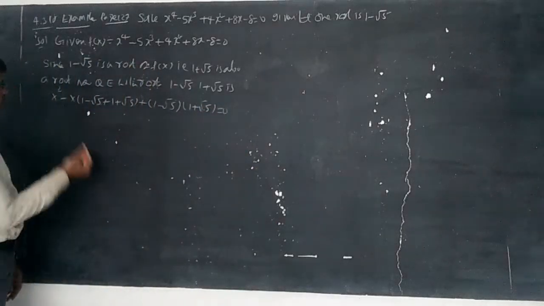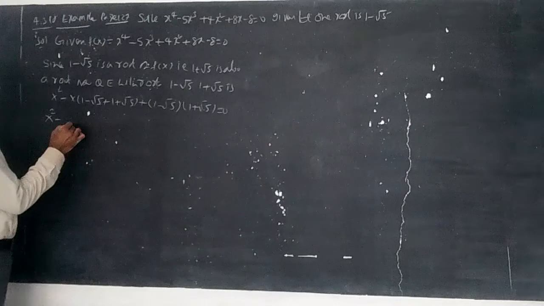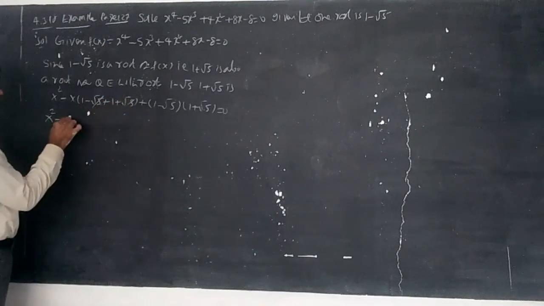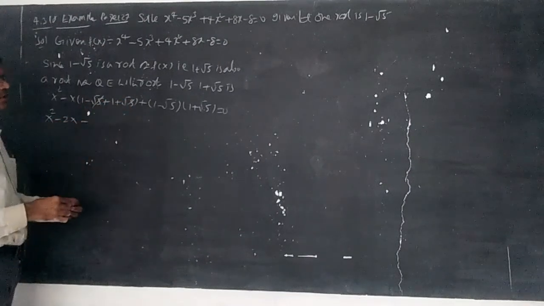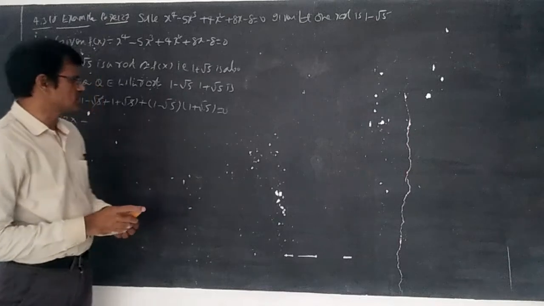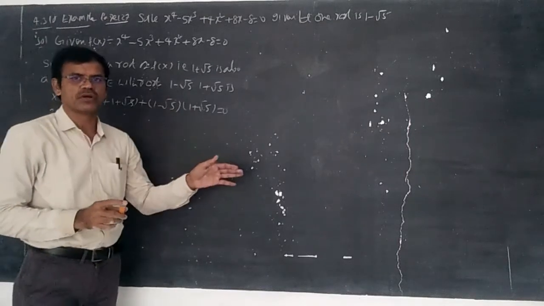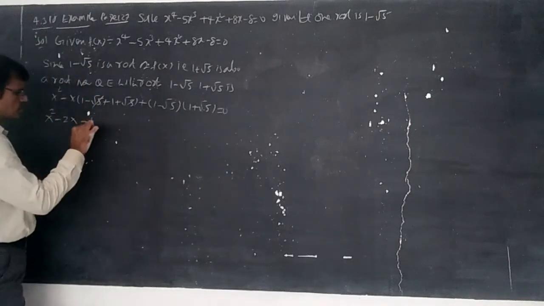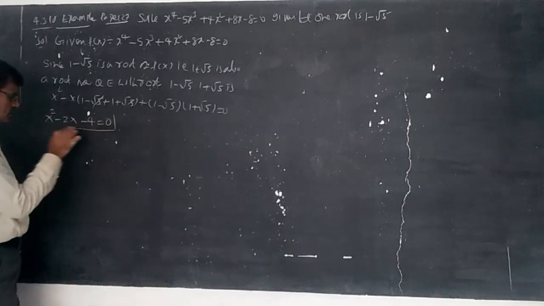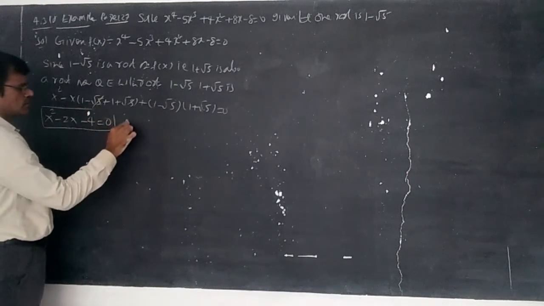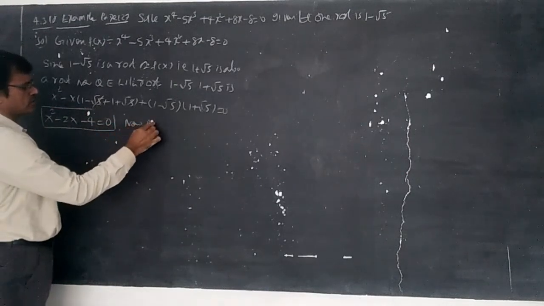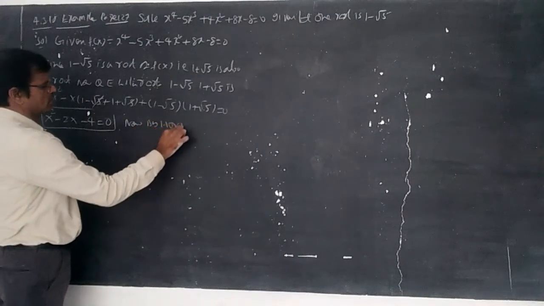First we need to prepare the quadratic equation. Sum of roots: root 5 gets cancelled, this is 2. Product: a plus b into a minus b is a square minus b square, 1 minus 5 becomes minus 4. So x square minus 2x minus 4 equal to 0. Now, after completion of this, we go by Horner's method.